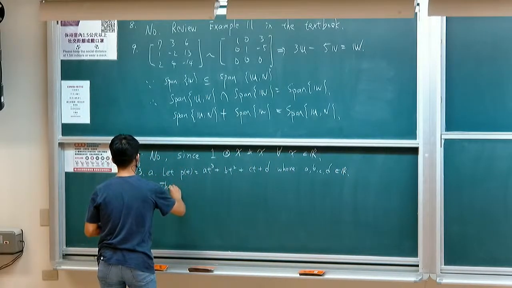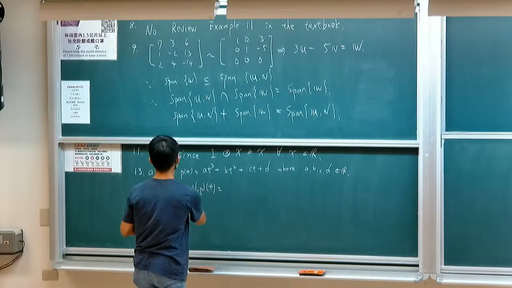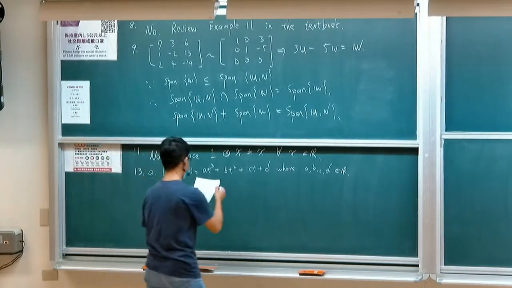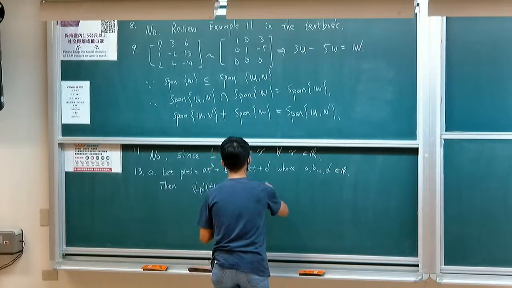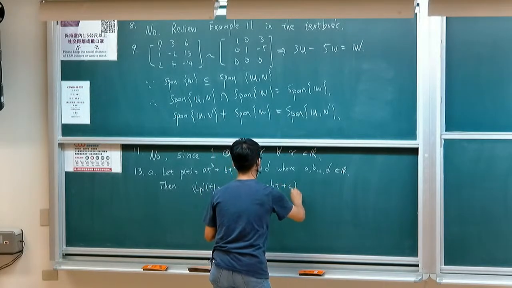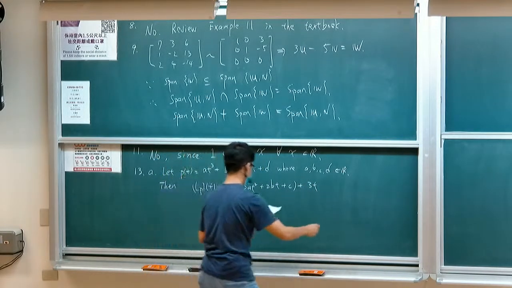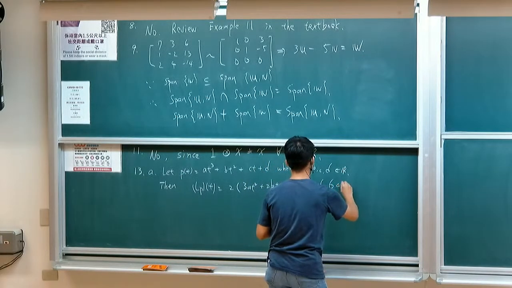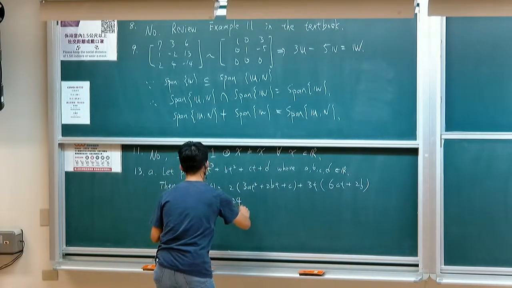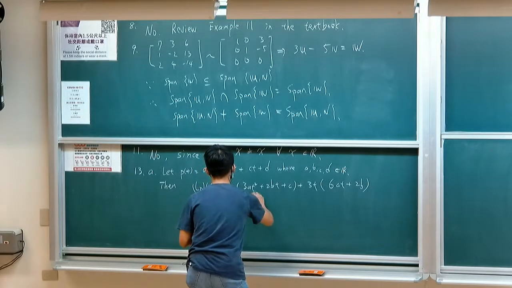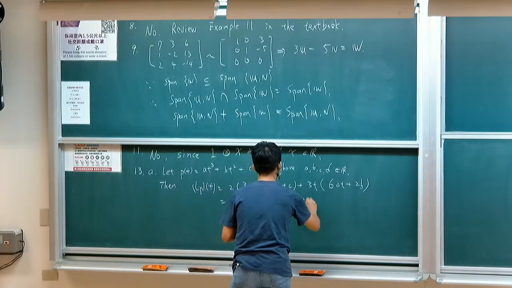Then first we differentiate p, so we have 3a t squared plus 2b t plus c, and differentiate this, we have plus 2b, and this equals 24a t squared plus 10b t plus 2c.